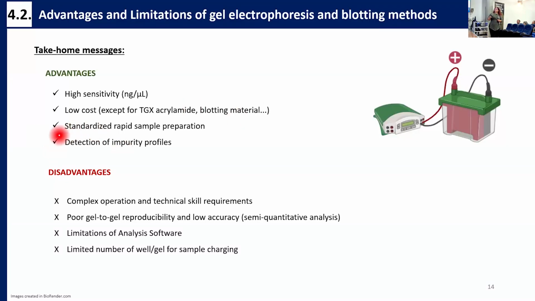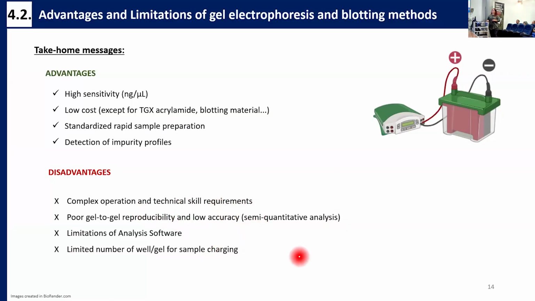The good part is that we have standardized, rapid sample preparation by the use of a specific buffer called Laemmli. They can also be used for the detection of impurity profiles, because if we have some degradation in the nucleic acid or the protein, we will observe several bands in the gel. However, if we never work with this, the operation is complex and technical skills are required. There are poor gel-to-gel reproducibility and low accuracy.